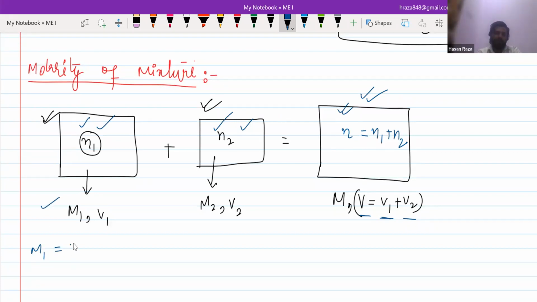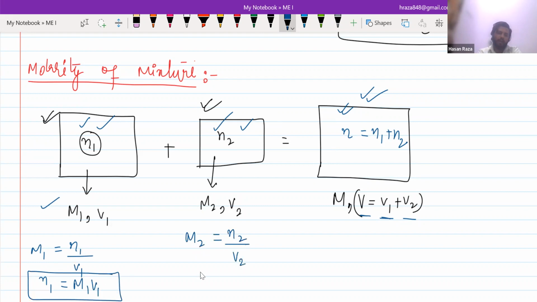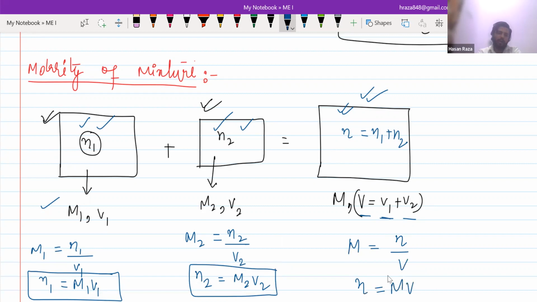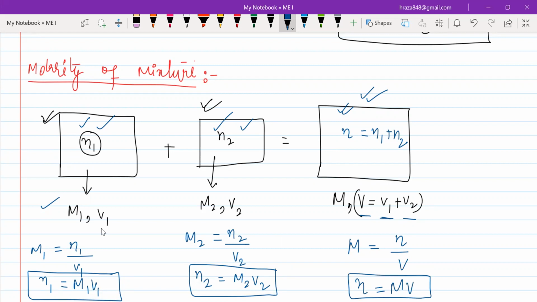M1 is equal to N1 upon V1 and N1 is equal to M1 V1. Here M2 is equal to N2 upon V2 and N2 is equal to M2 V2. And if we apply this formula to the bigger container, M is equal to N upon V and N is equal to M into V. Please write up to this, then I will go ahead.